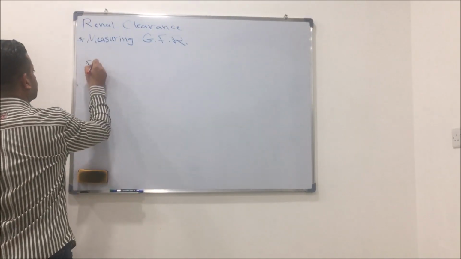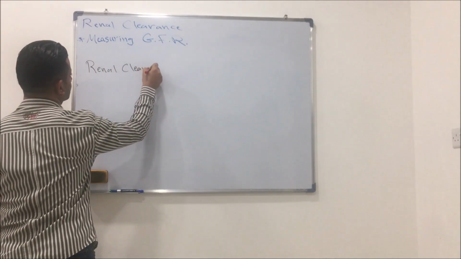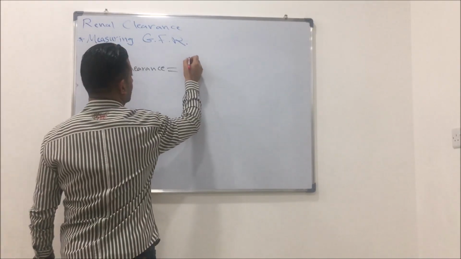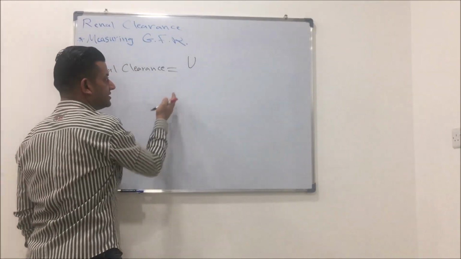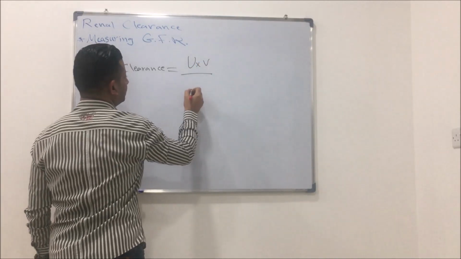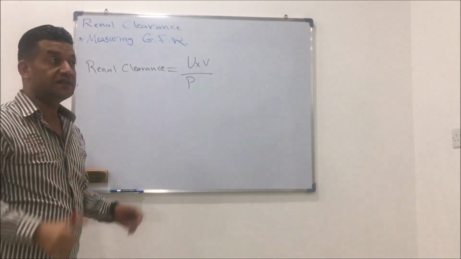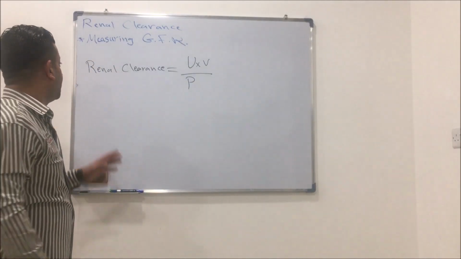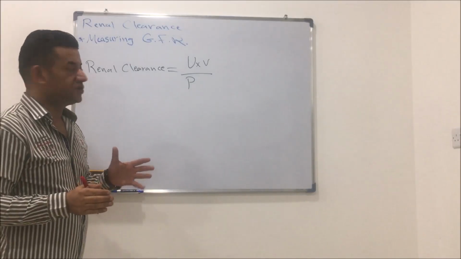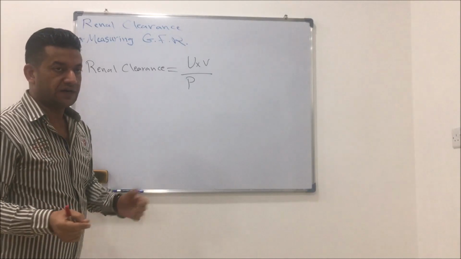So the renal clearance of a substance equals the concentration of this substance in urine multiplied by the volume flow rate, divided by the concentration of the substance in plasma. We have chosen inulin, whose renal clearance equals the GFR.